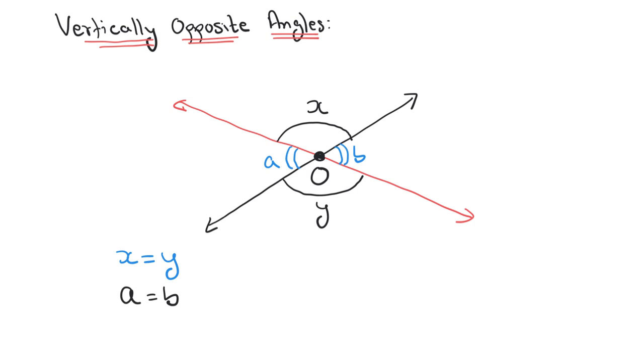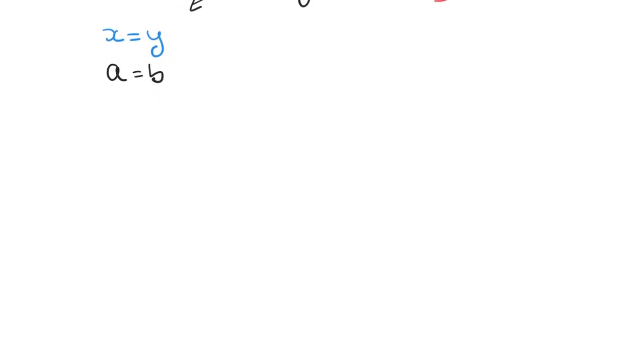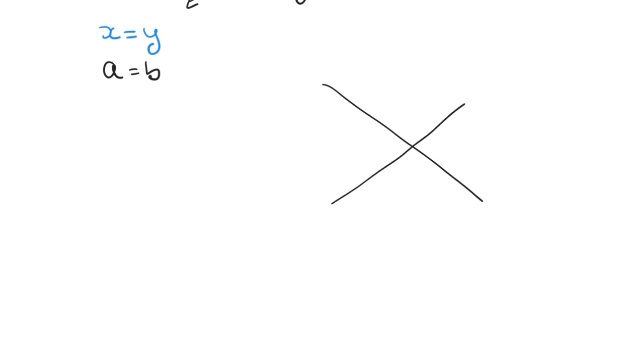So vertically opposite angles are always equal. So let's have a quick quiz now based on this. Suppose you have two straight lines intersecting. If this is 50 degrees, can you tell me what is the value of B?